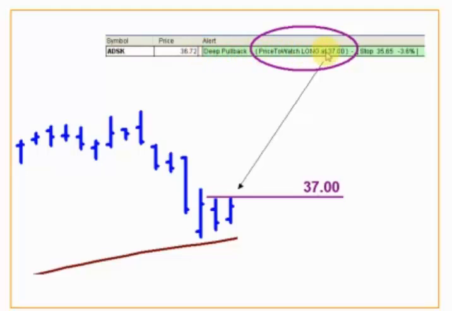Deep pullback, it gives you a price to watch, you're going to have a stop and targets and all that. And there's a lot of different factors. For instance, we've got the pivot, we've got X number of days of pullback, and the pullback comes down to the 75. We have what's called a long range down close.